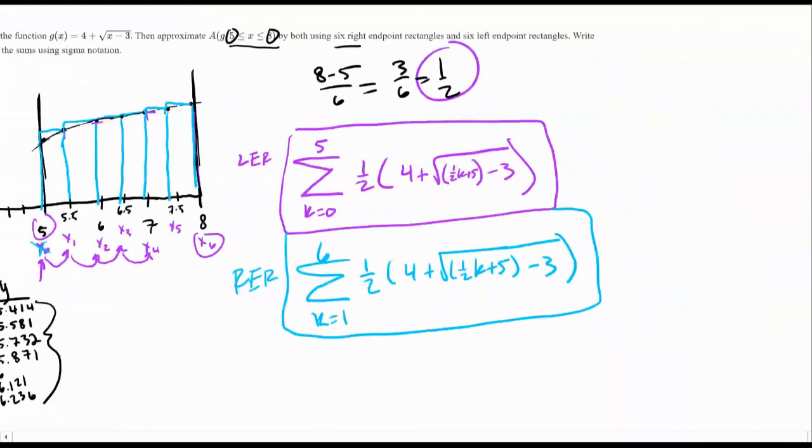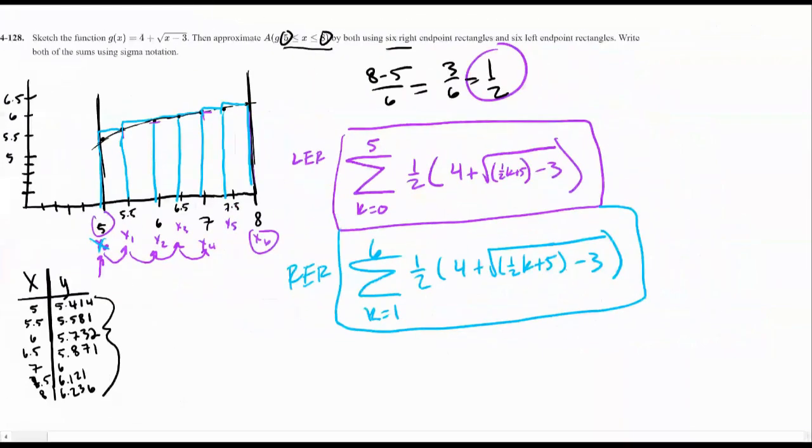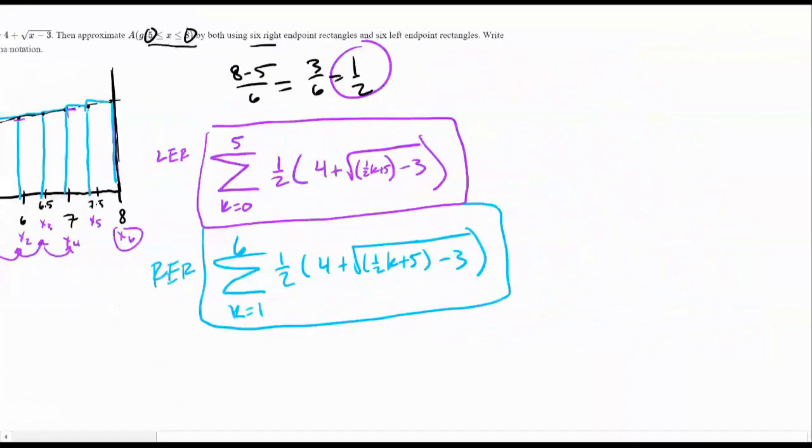Now, instead of finding the area of each of those rectangles, I'm just going to plug this sigma notation into my calculator to find each of those values. I'm not going to get a perfect answer, so I'll give the rounded estimate. When I use the left endpoint rectangles, I get about 17.36 units squared.